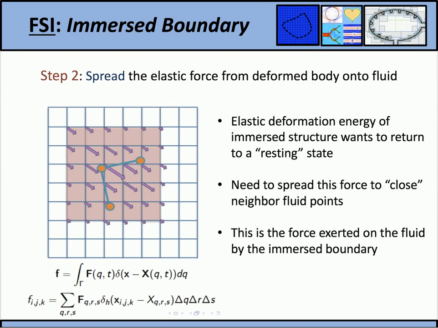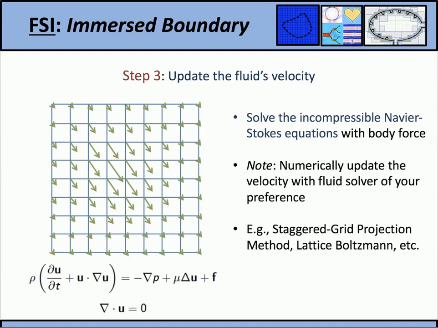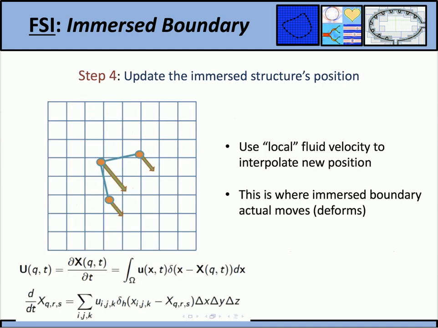Next, after we've computed this forcing term onto the fluid grid, we can go ahead and update the Navier-Stokes equations. Another nice aspect of immersed boundary is we're not constrained to one Navier-Stokes solver in particular, but you can use a multitude of different methods if you wish. After you complete the update of the fluid velocity, next you want to update how all of these immersed structure positions are moving with respect to the local fluid velocities.